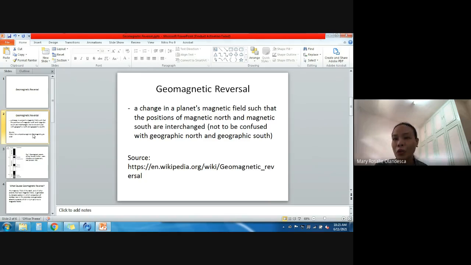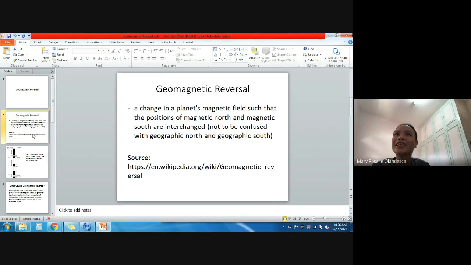So we all know, even when we were still in grade school, the geographic north is always pointing up while the geographic south is always pointing down, or the region that is above is the geographic north, while the region that is below is always the geographic south. In contrast with this, the Earth's magnetic field flips from time to time.